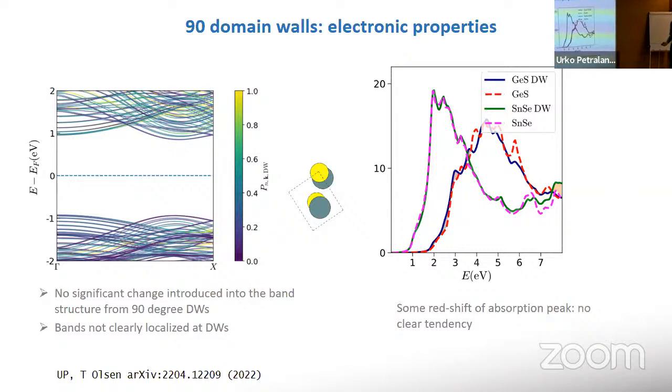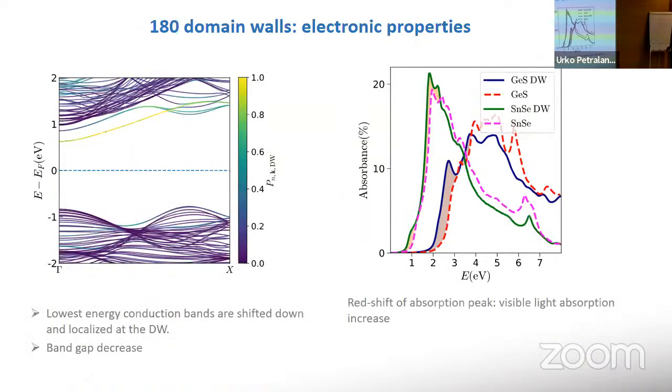So then we jumped to 180-degree domain walls, and what would happen. In fact, this is a totally different picture. The lowest band in the conduction band is nearly fully localized at the domain wall, and actually comes down from the conduction band, thus decreasing the band gap of the material.